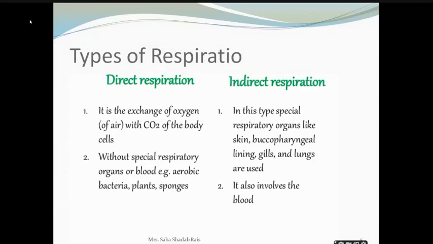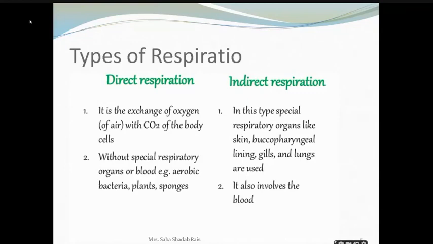Our concern is to do a comparative study of the respiratory system, to learn the various modifications made in the respiratory organs of various organisms.